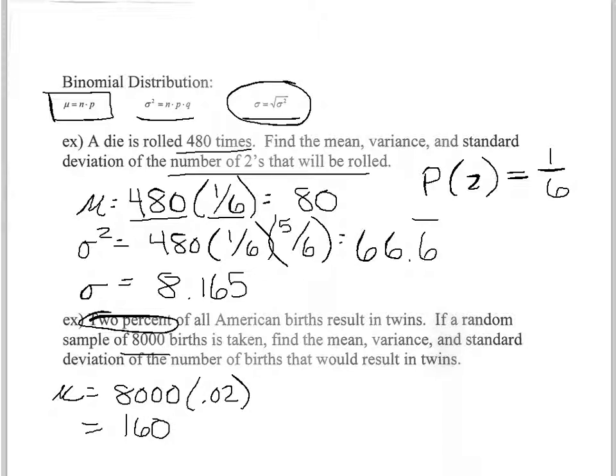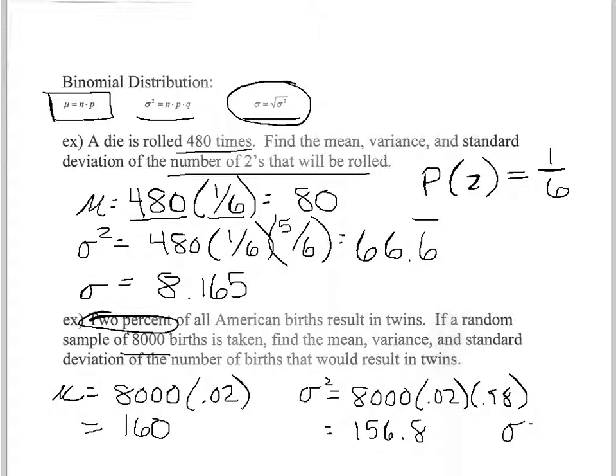So if there's 8,000 births, I would expect 160 to be twins. Find my variance. I take the n, multiply the p, multiply the q. It's going to end up being 156.8. I take the square root of that, which means my standard deviation is 12.52.